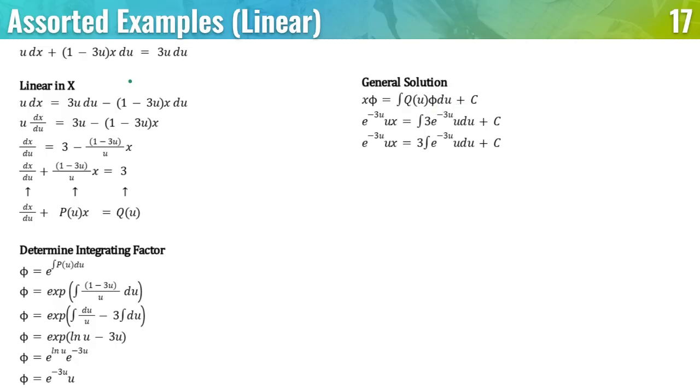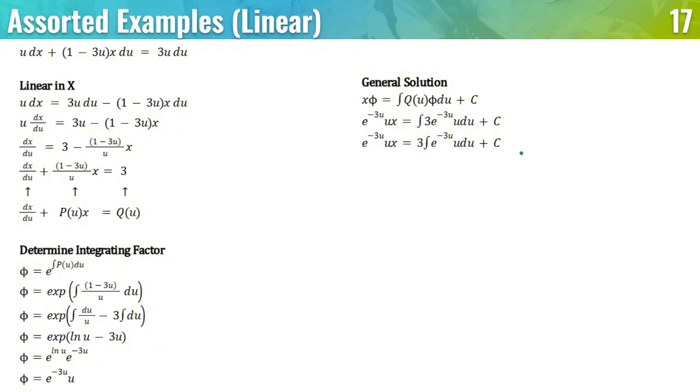Remember, if we already used this one earlier, it's time to use this one. So this is just going to be this one times 3. So we have 3e raised to negative 3u times u du. For this one, we take out the 3, and then we integrate by parts.